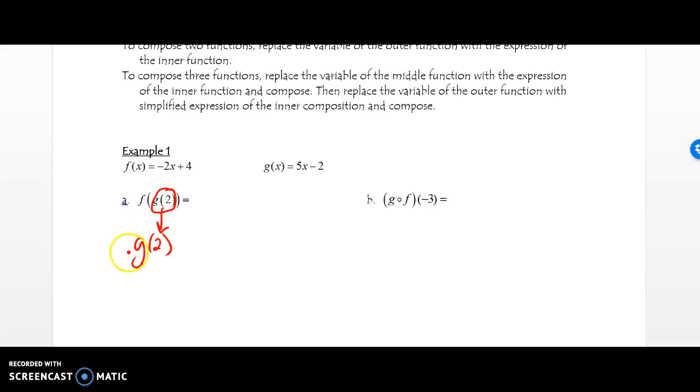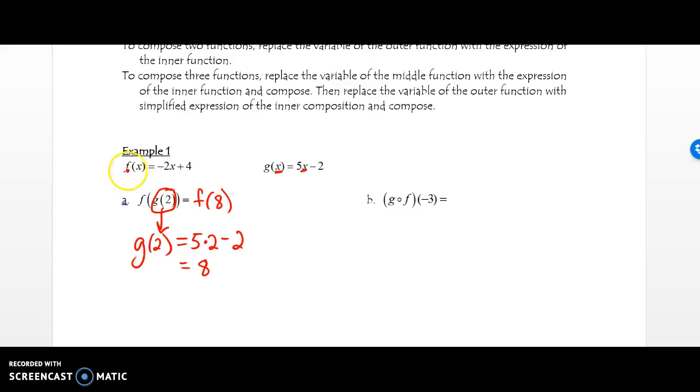Well, we've already done this. G of 2 means we replace this x with a 2 and this x with a 2. So that would be 5 times 2 minus 2, which will give us a value of 8. So this would turn into f evaluated at 8.